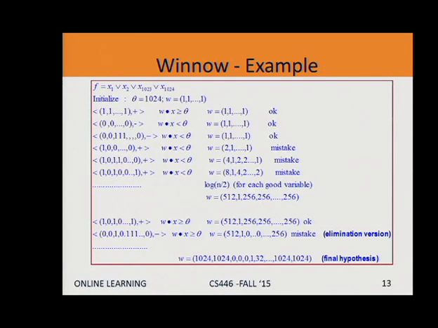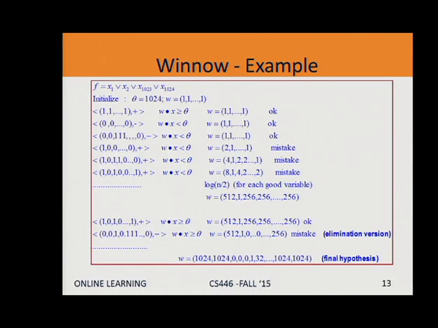Example number 3, 0, 0, a lot of 1s, and also 0 in the 1024 case. What's going to be the dot product here? I don't know exactly, but something that is less than 1024, right? It's less than 1024, but anyhow, it's a negative example, so nothing happens again.